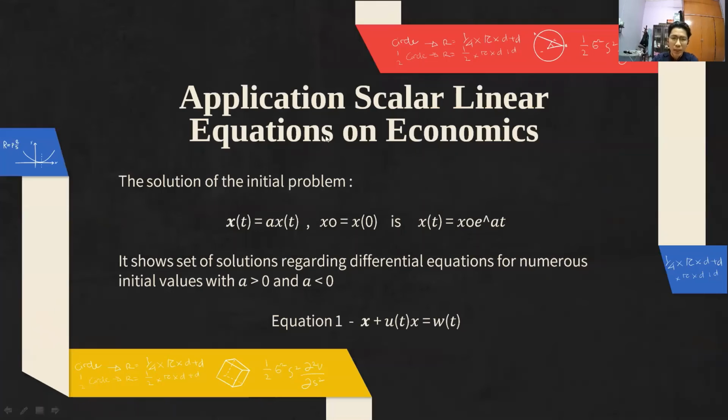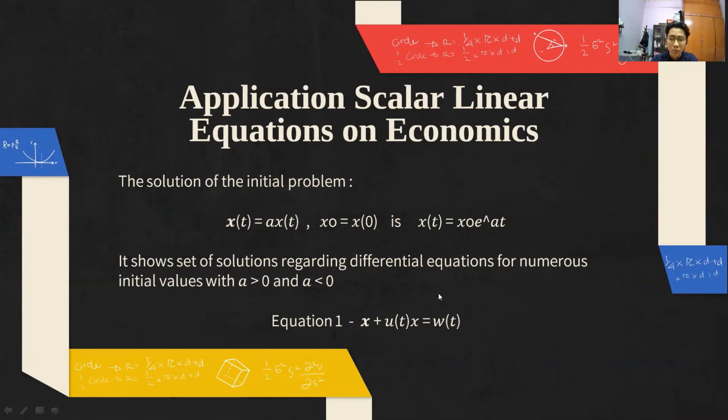Next, application of scalar linear equations in economics. The solution of the initial value problem x'(t) equals a x(t), x(0) equal to x0, is x(t) equal to x0 exponent at. It shows a set of solutions regarding the differential equation for numerous initial values, with a bigger than 0 and a smaller than 0.